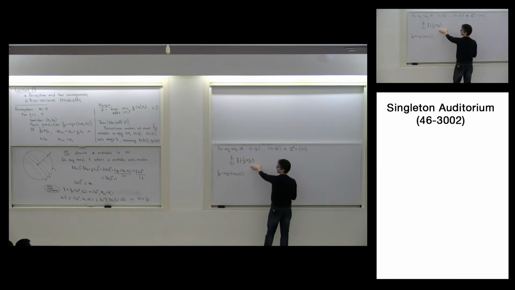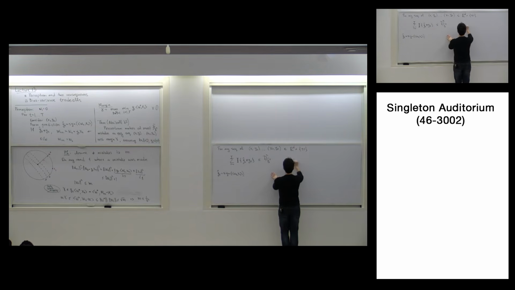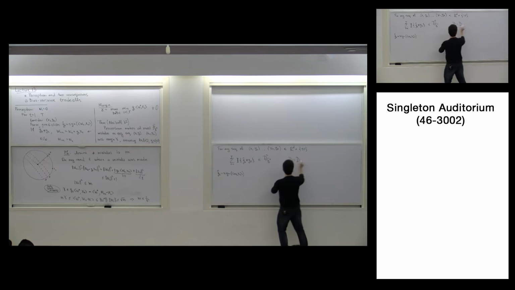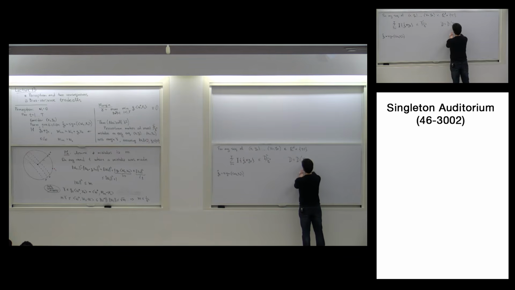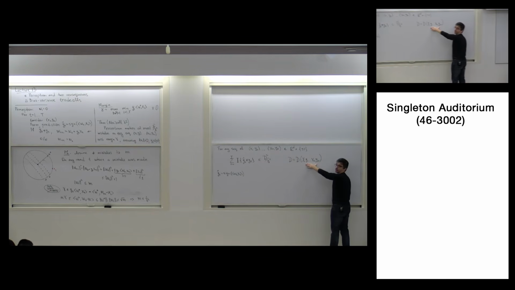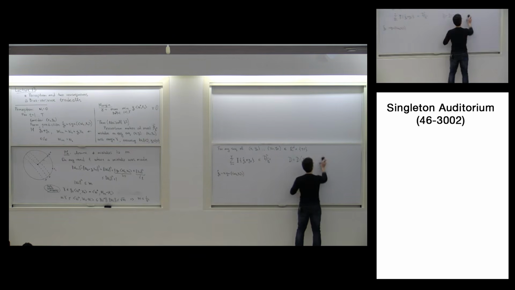Sum of these indicators is no more than d squared over gamma squared, where d is really a function of x_1 up to x_n. It's the diameter of the x's. In fact, it's just a function of the x's, so let me not write the y's.